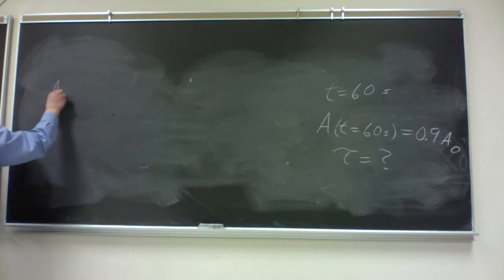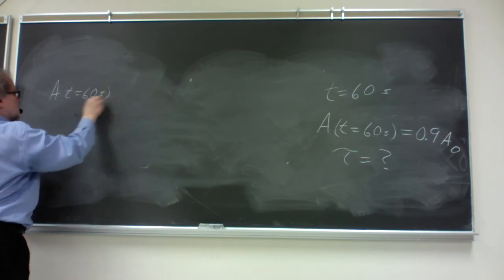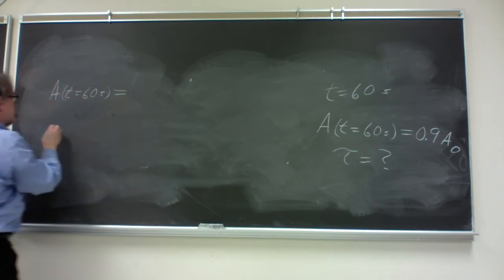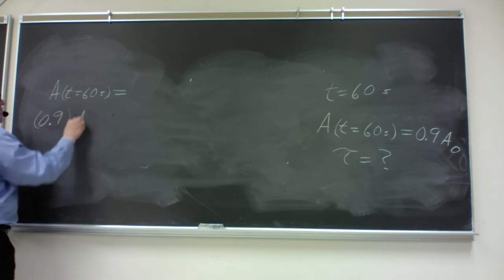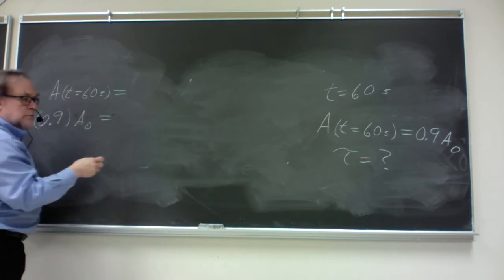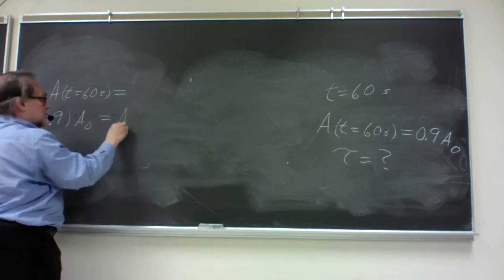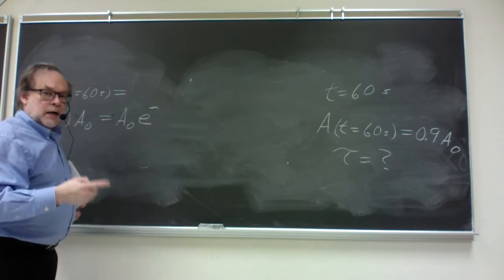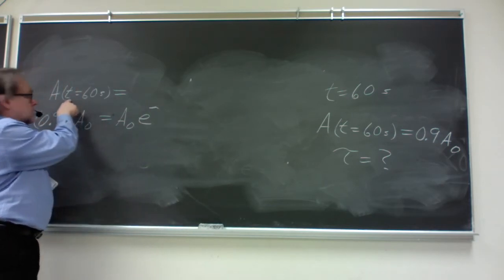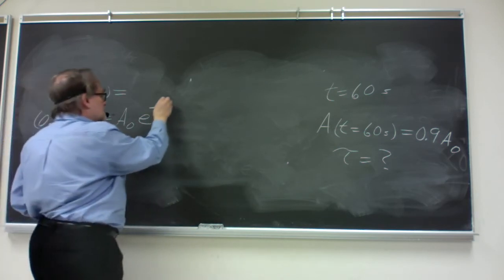So amplitude after 1 minute, 60 seconds, is 0.9 times the original amplitude, but amplitude as a function of time is A0 e to the minus time over tau, and in this case the time is 60 seconds.